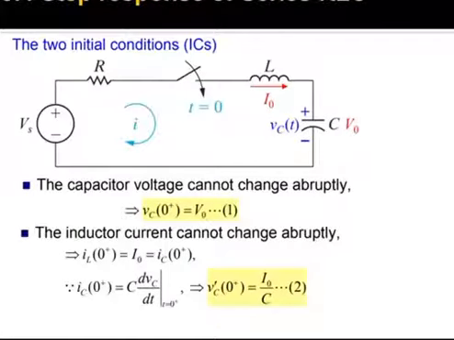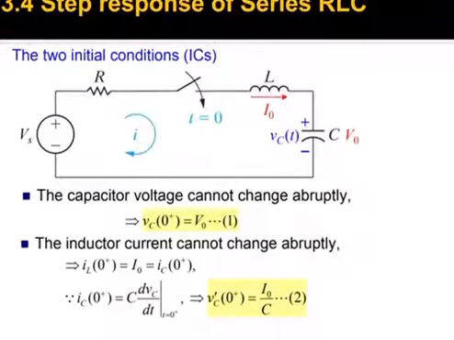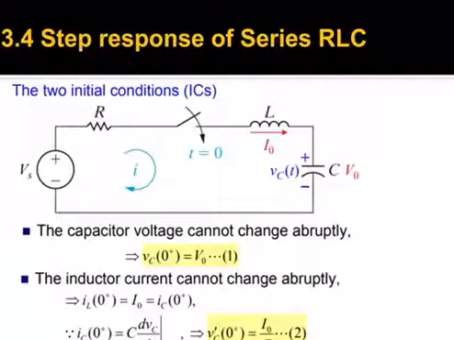Okay, these are the two initial conditions that should be applied in order for you to solve for A1 and A2. The same concept is applied, even though this is a step response, but you can use the concept of the source-free series RLC circuit.